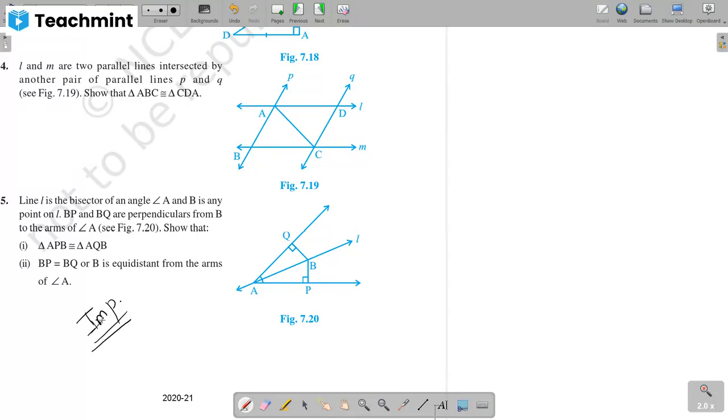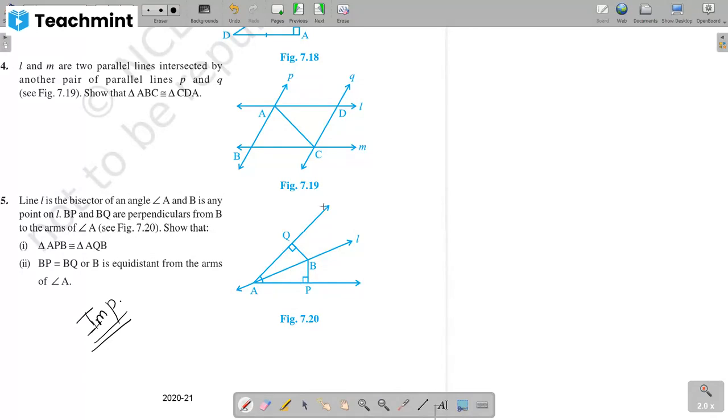You have to read the question, draw the figure and then prove the following. So L is the bisector of angle A and B is any point on L, not a midpoint. Now BP and BQ are perpendiculars from B to the arms of angle A.